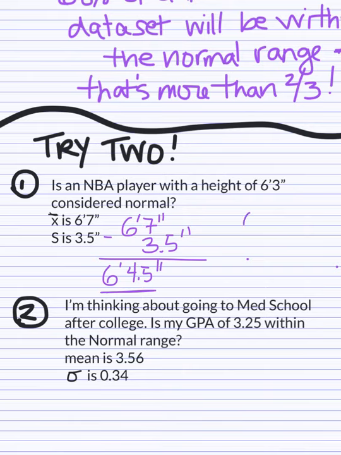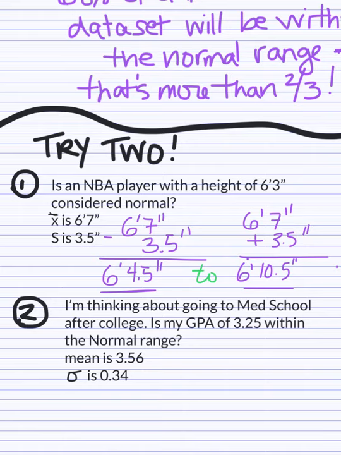I'm going to do almost the same thing, but this time I'm adding 3.5 inches. That gives me 6 feet 10.5 inches. It's getting very close to 7 feet there. All right, so our normal range is from 6 feet 4.5 inches to 6 feet 10.5 inches.